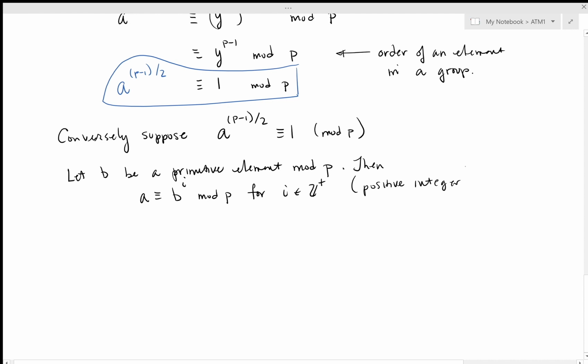Okay, so every element A is B to the something, where B is some primitive element. So we've seen this before too.